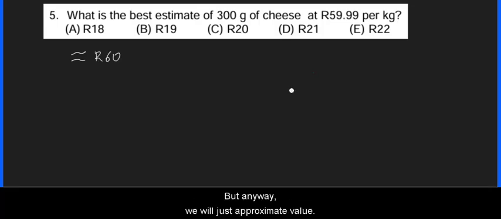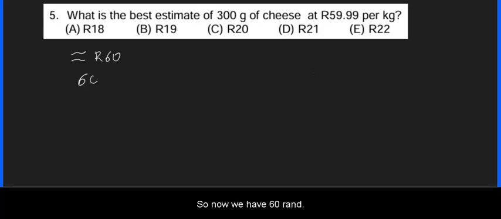Okay, but anyway, we will just approximate the value. So let's first approximate that, then we use that. So now we have 60 rand, it's an estimate, multiplied by 300 gram.